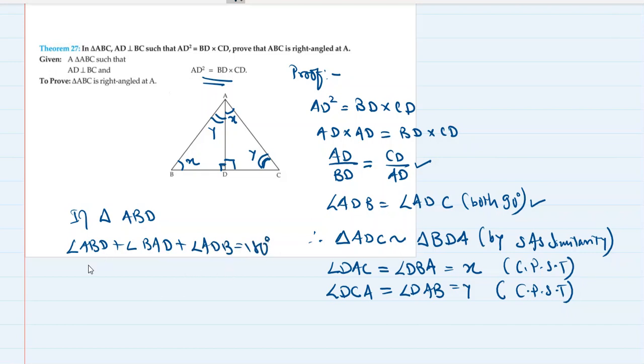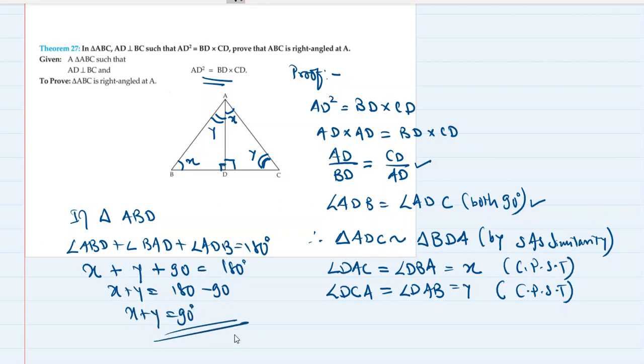Angle sum property. Angle ABD is X, angle BAD is Y, angle ADB is 90, equal to 180 degree. So X plus Y is equal to 180 minus 90. So X plus Y is equal to 90. X plus Y is how much? X plus Y is equal to 90 degree.